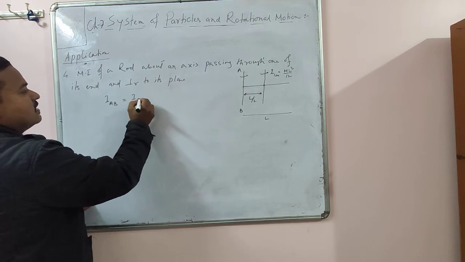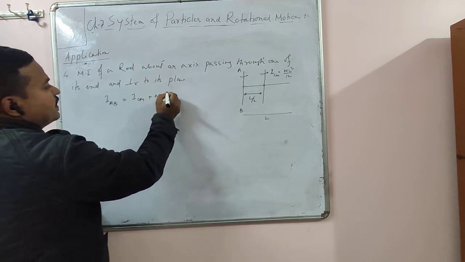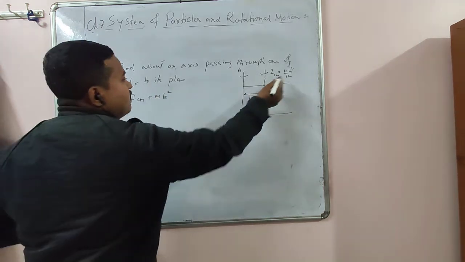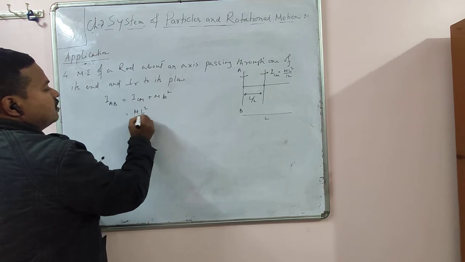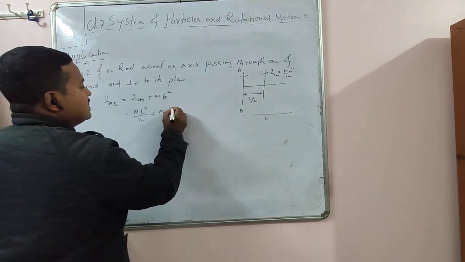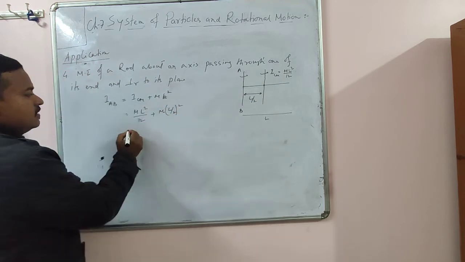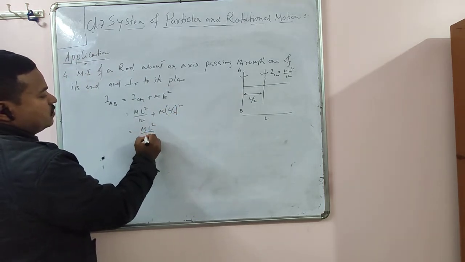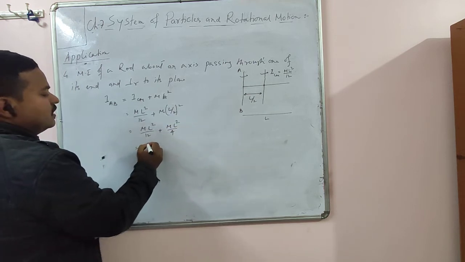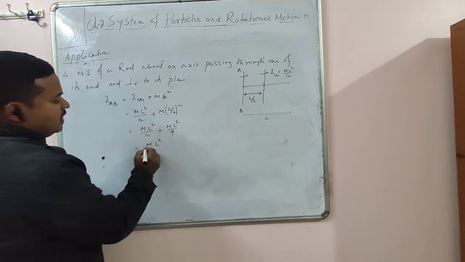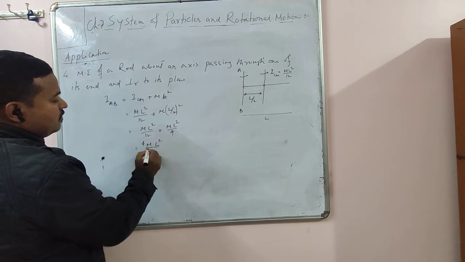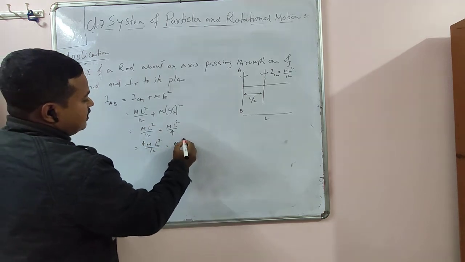I_AB is what? I_CM plus Mh square. So here I_CM is ML square by 12, plus Mh square. h means the distance between these two. It is L by 2 whole square. So it is ML square by 12 plus ML square by 4. So if we calculate, it comes to be ML square by, it is 3, 4 by 12. It is ML square by 3.